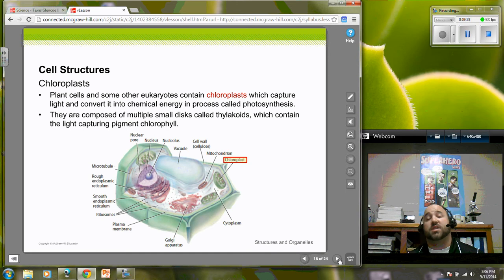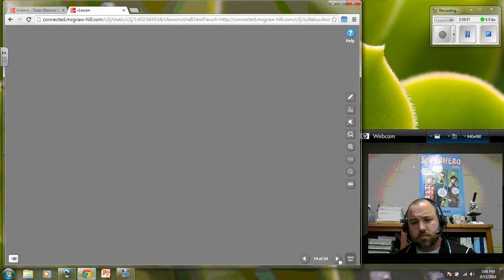It's going to convert that into C6H12O6, which is sugar, and 6 O2. So it takes all that, and we try to put it all together, and it's really interesting. They use multiple small discs called thylakoids, which contain the actual light-capturing pigment.